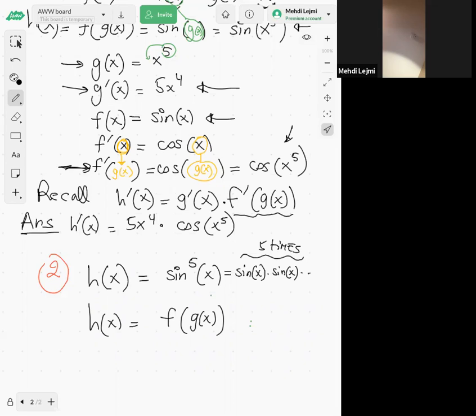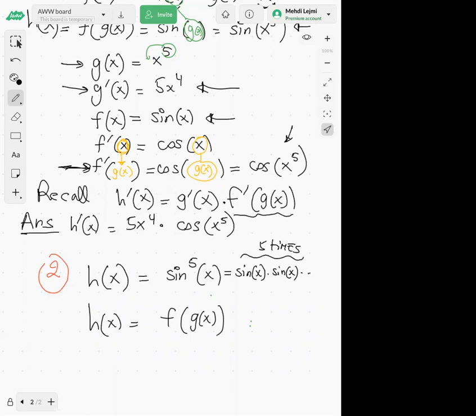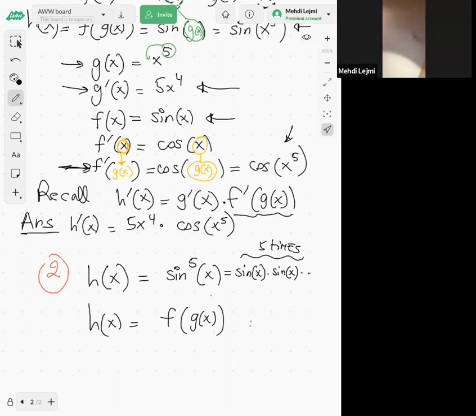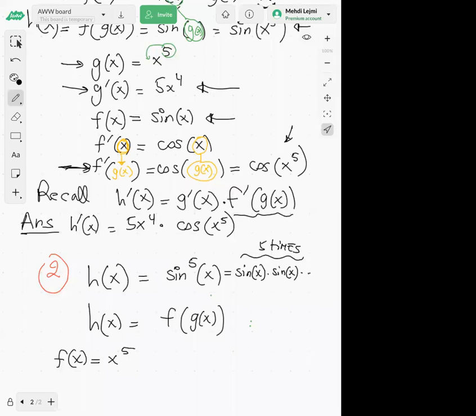F of x equal to x power 5. Yes. So Ibrahima, you're saying f is x to the power 5. And what about g? Sine of x. Sine of x, very good.